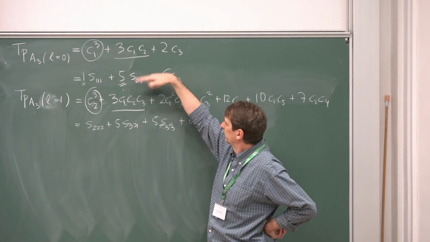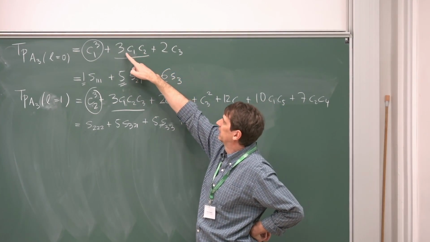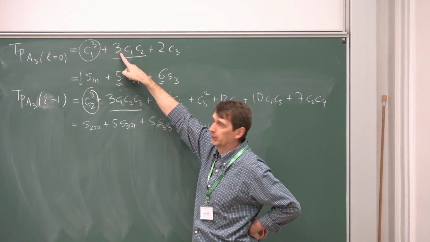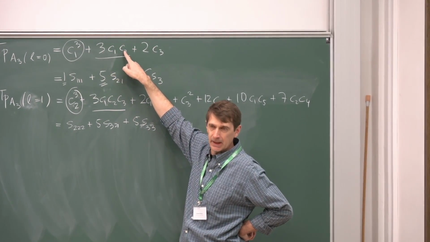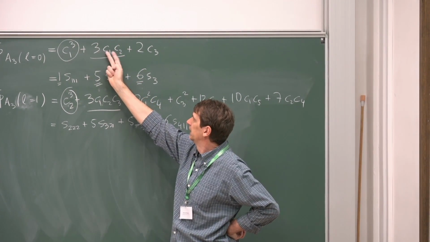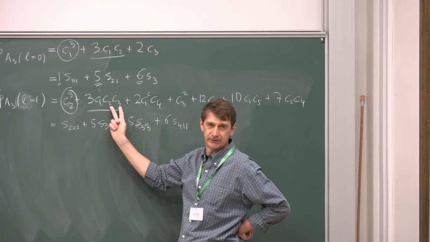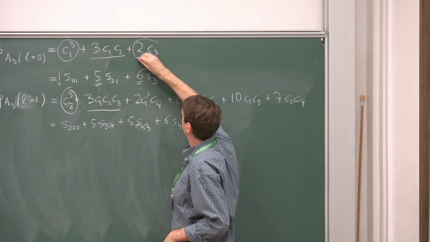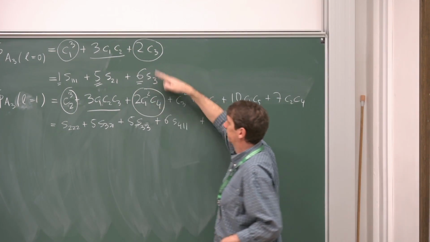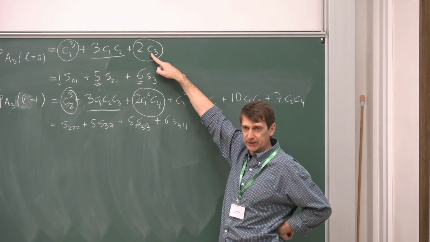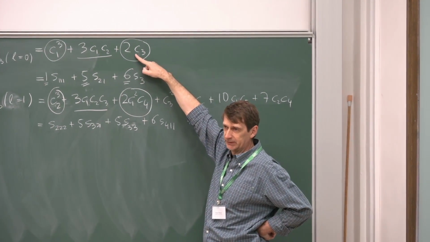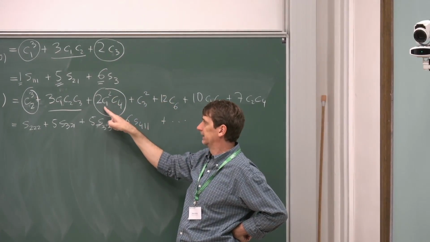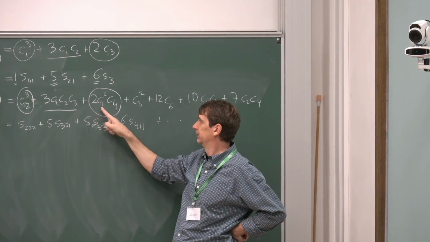You don't really see the correspondence, but you do, because you should think of this as 3 times c0 times c1 times c2, and then for each subscript you increase by 1, you get exactly this. And I want to argue that this is the natural friend of this one, because again, the c3 I should think of as c0 times c0 times c3, and then in the next line it should be c1 times c1 times c4.